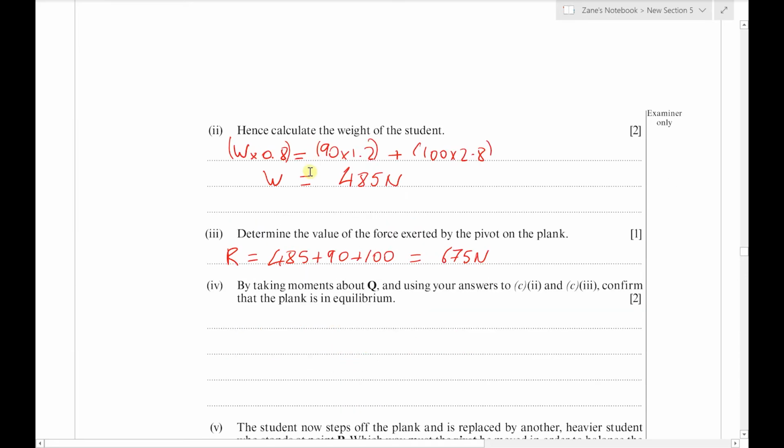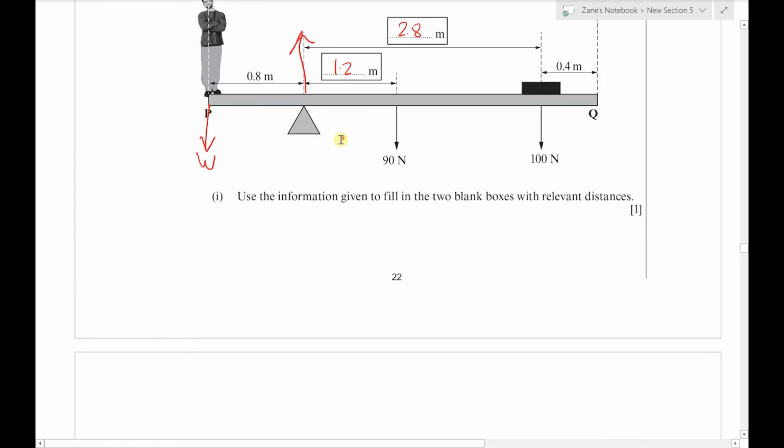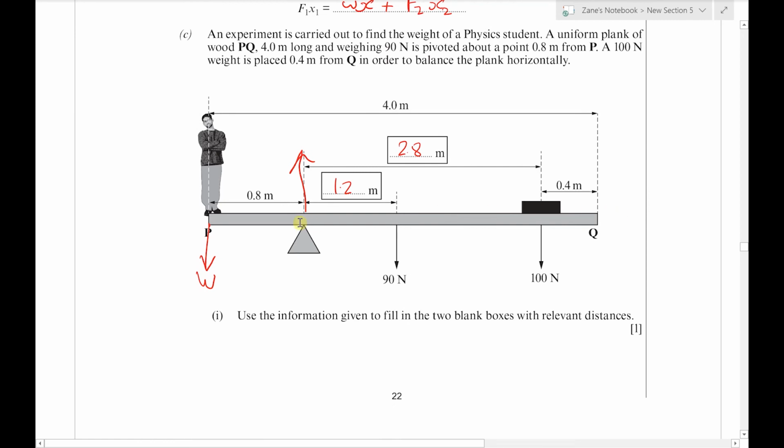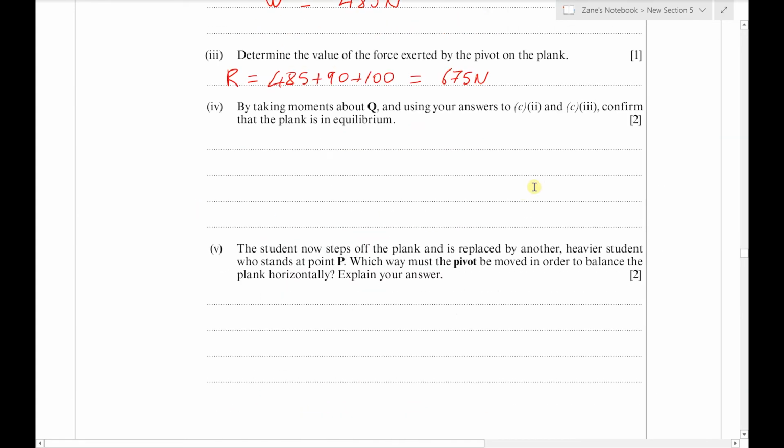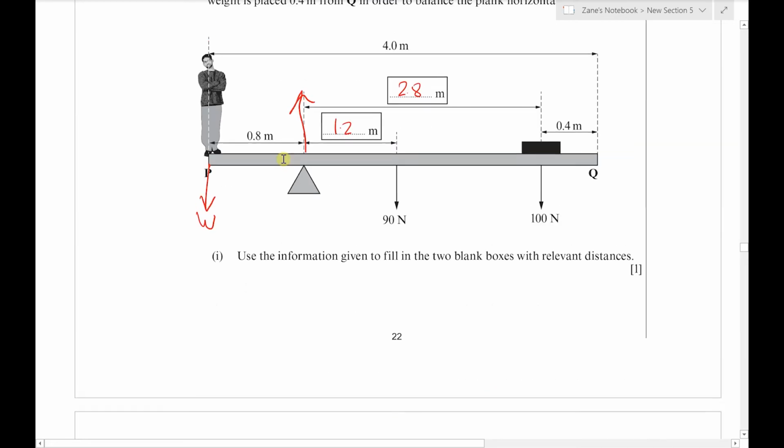Then it says by taking moments about a different point Q now and using those answers that we've just worked out, confirm that the plank is in equilibrium. So if we take moments about Q, well, there's only one force that will turn this thing clockwise, which will be this force that we've just worked out, the 675 newton reaction force. And that will be at a total distance of 3.2 meters from Q. On the right hand side of the equation, I'm going to put the anti-clockwise moments.